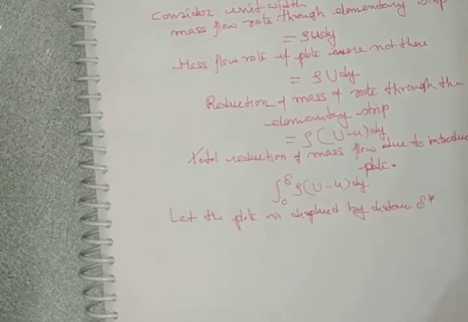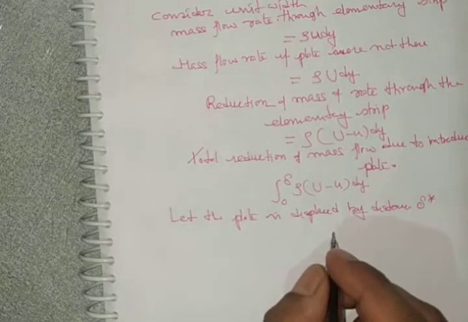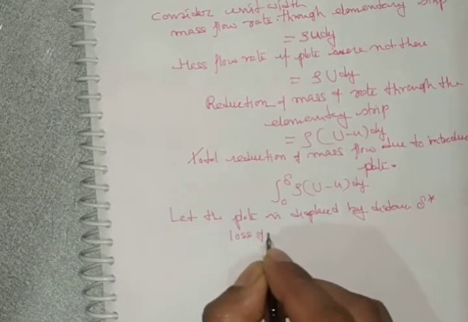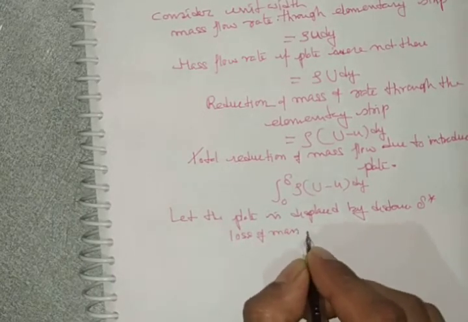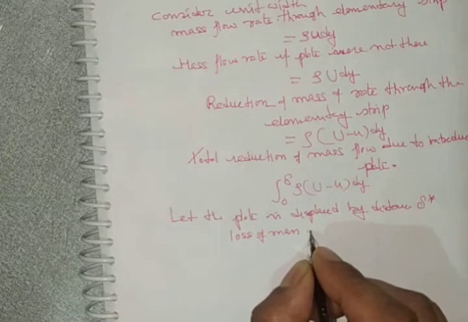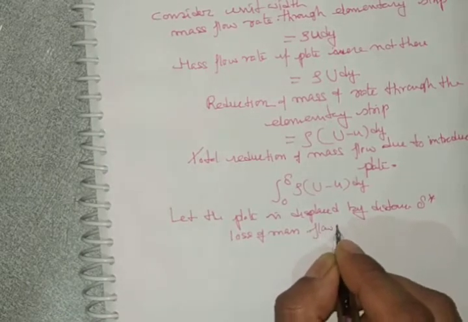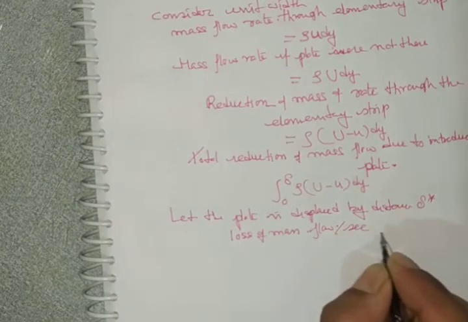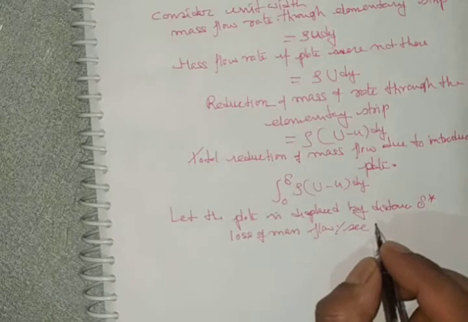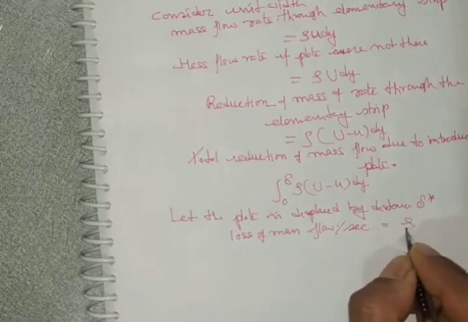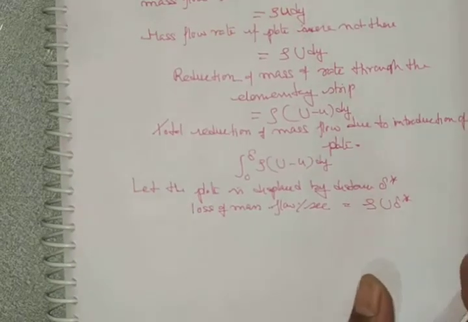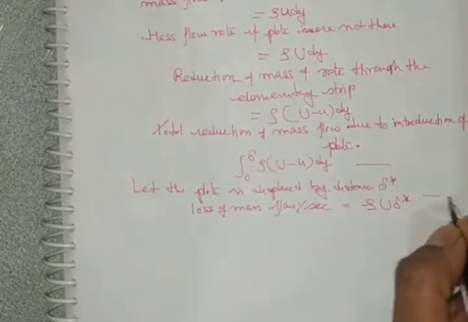If it is displaced by delta star, then the loss of mass flow per second, mass flow rate actually, is given by rho capital U delta star, and this equation must be equal.